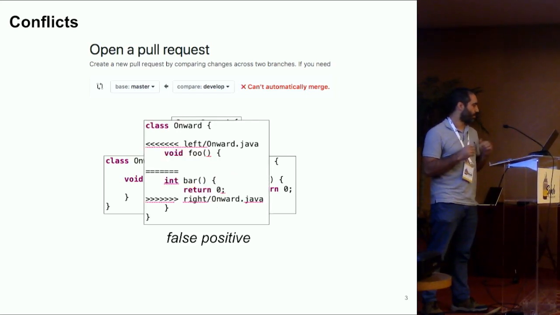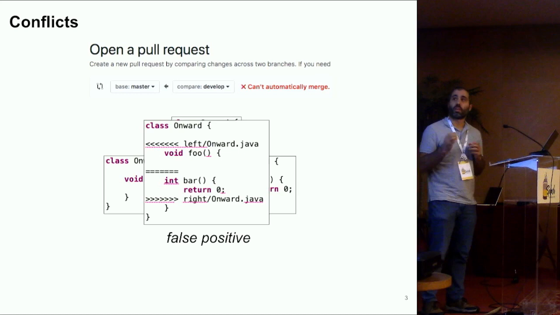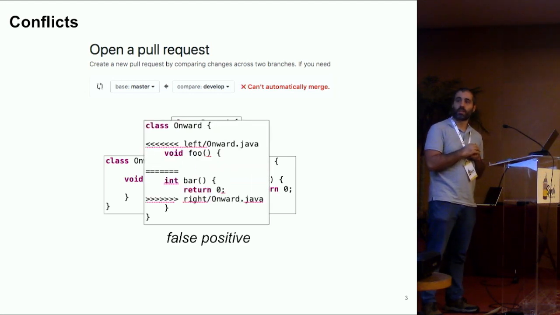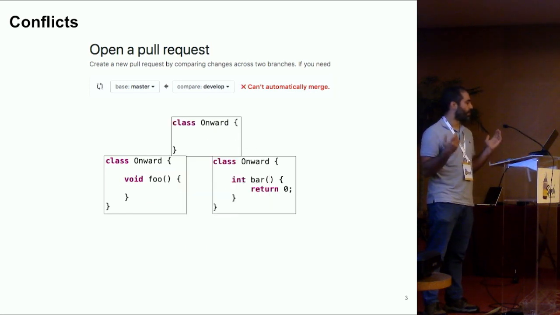Git merge uses text-based merging, so the regions clash, and that's why we have this problem. In the literature, this has been referred to as a false positive. Why false positive? Because in this situation you could in fact merge the two methods in the same class, and that would not actually be a conflict.